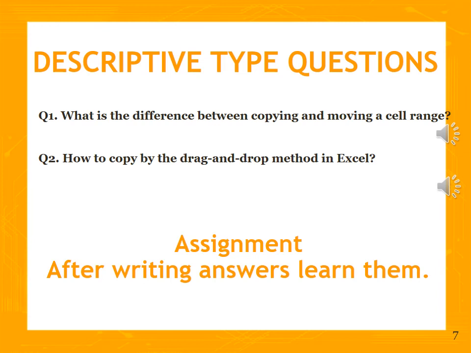Now question number 2 is how to copy by the drag and drop method in Excel. You can find the answer on book page number 144, top tip. You can also copy data by the drag and drop method. Press Ctrl and position the cursor at the border of the selected range so that a small plus sign appears next to the cursor.